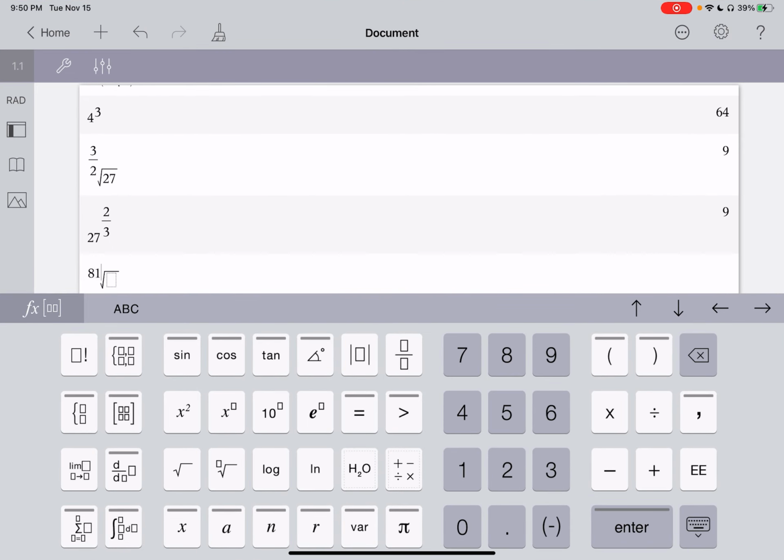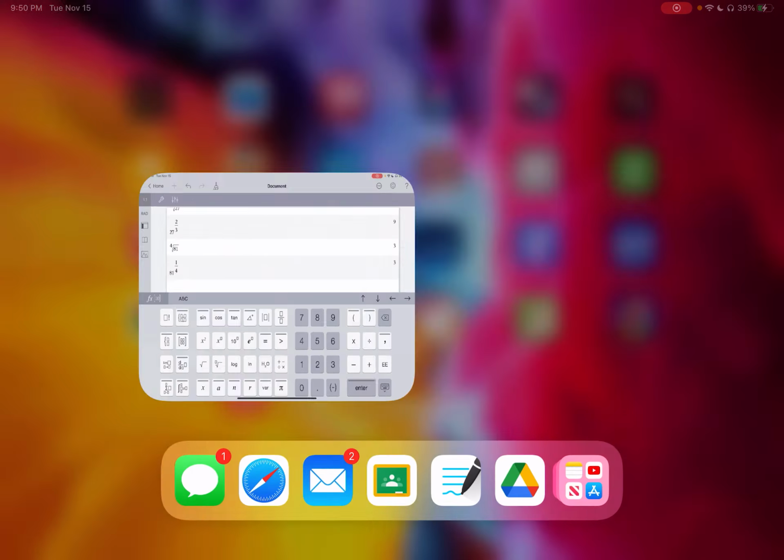The fourth root of 81 is 3, or we can do 81 to the power of 1/4, and that still gives you 3.